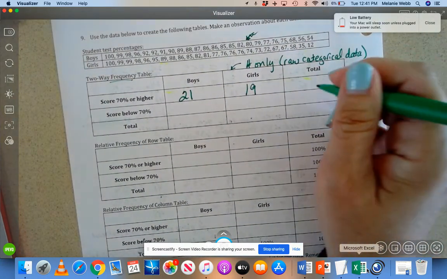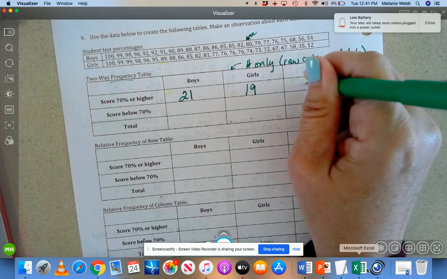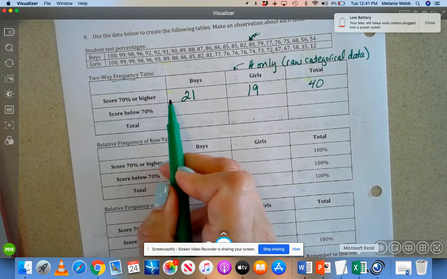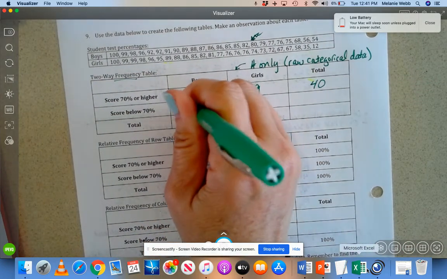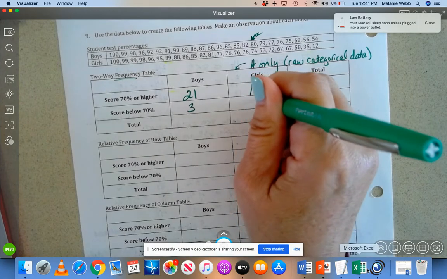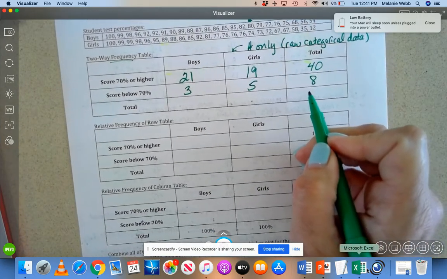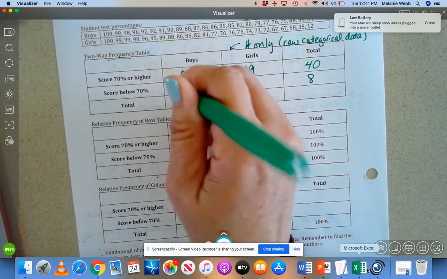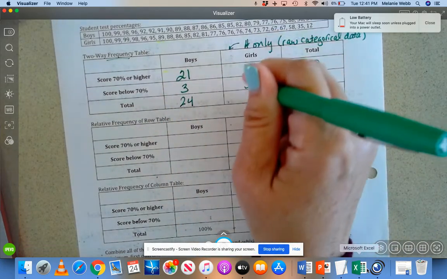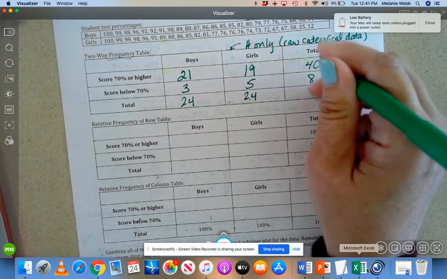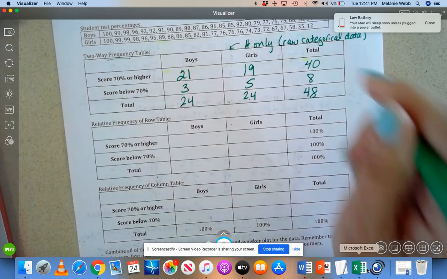So that was a total of 40 students that got 70% or higher. 3 boys had below 70. 5 girls had below 70. So that means 8 students got below 70. Total of boys, 24. Total of girls, 24. Total of students, 48. Okay, just a frequency table.